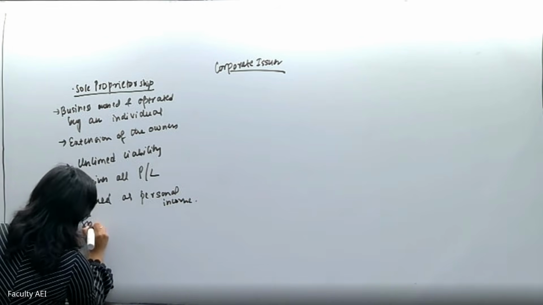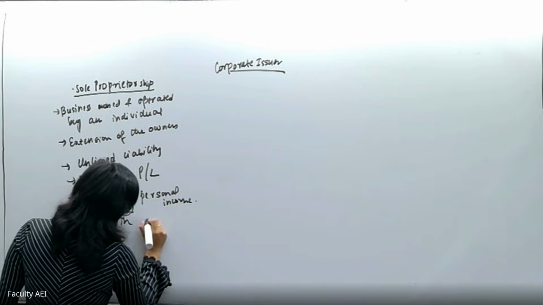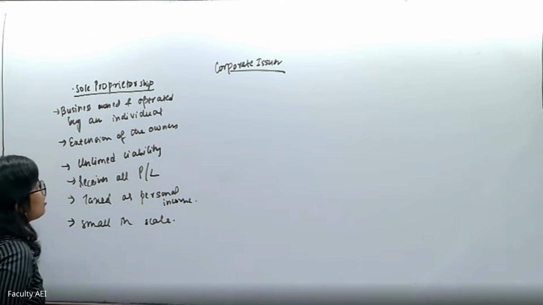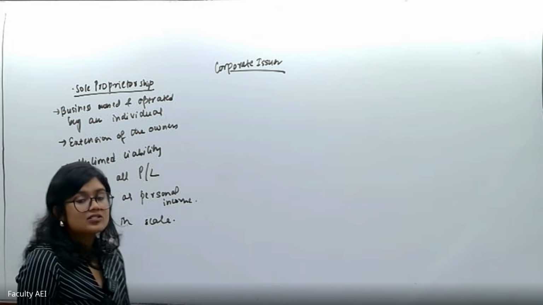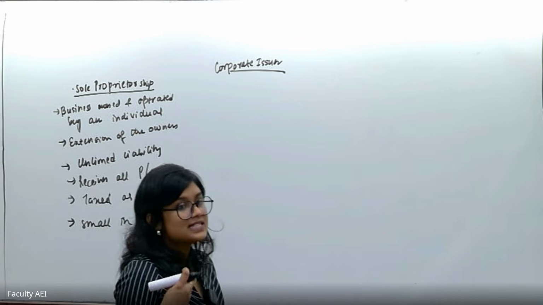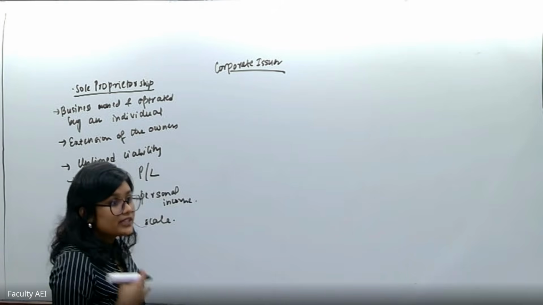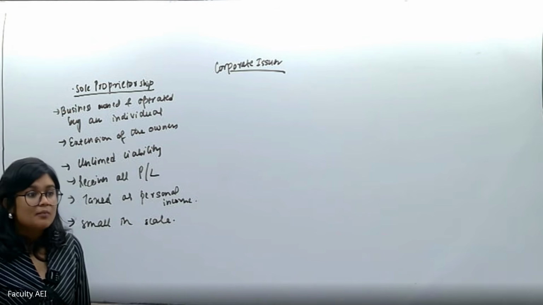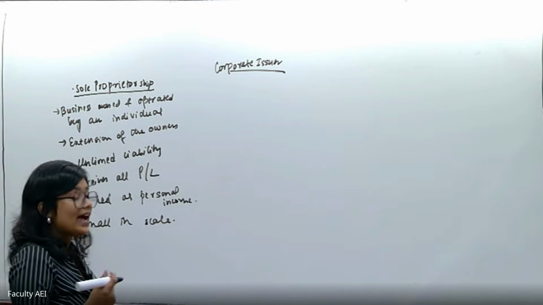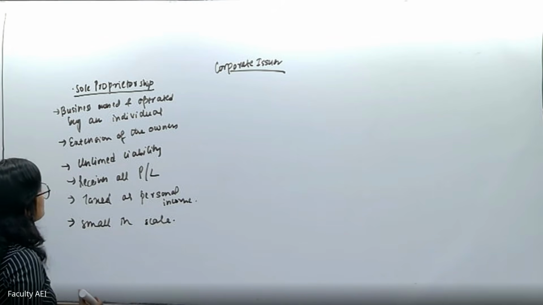Sole proprietorships are small in scale. Why? Because there's a single person, and that person is unlikely to be able to attract so much funds, even with loans. So they are generally small in scale.